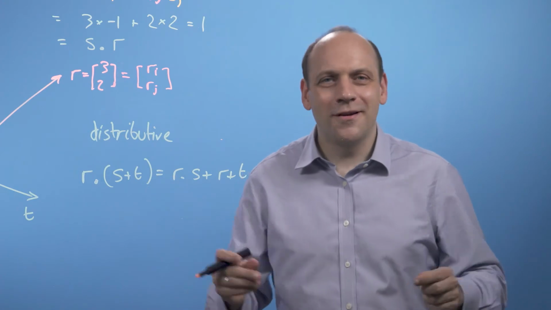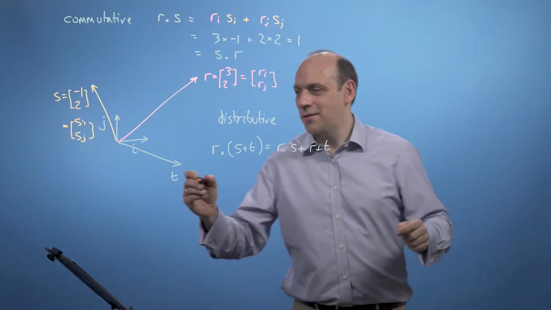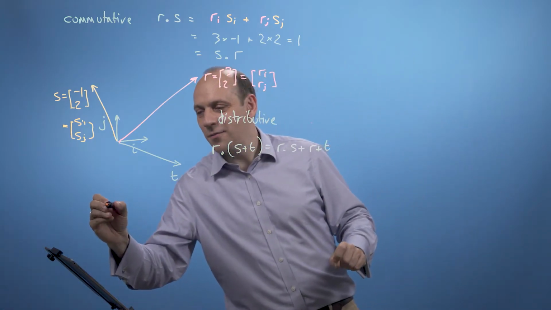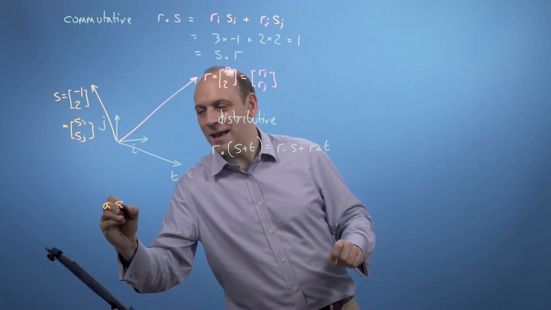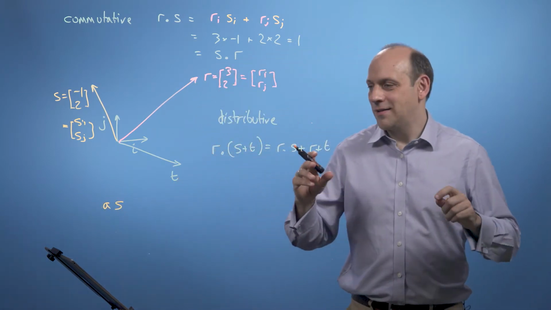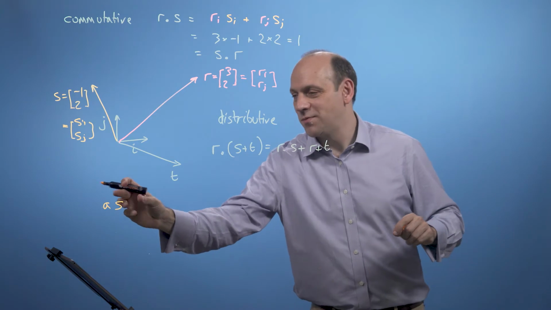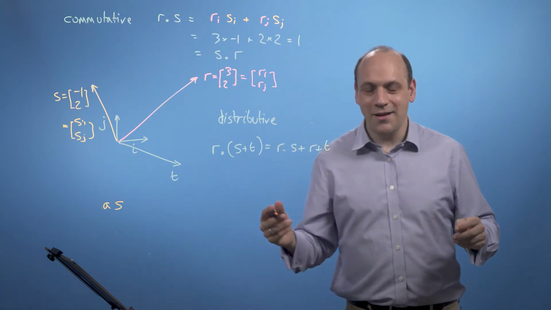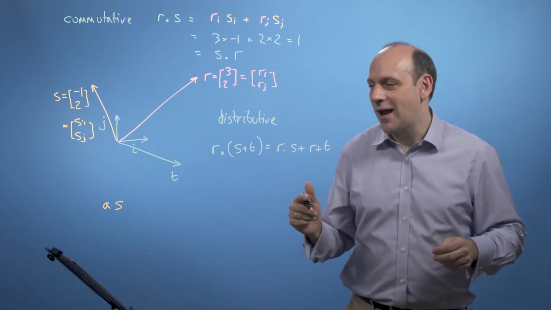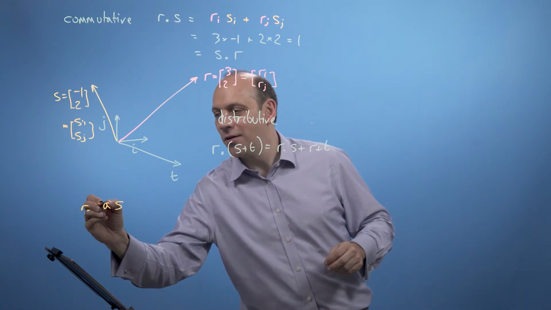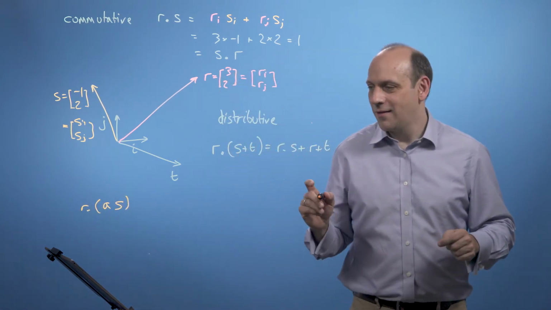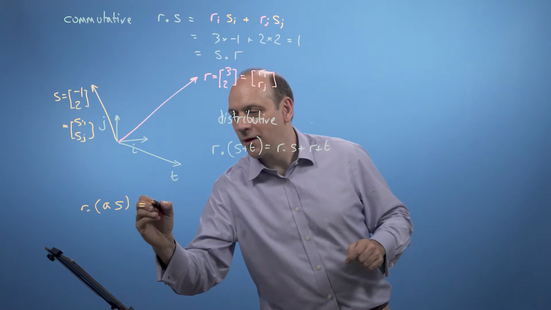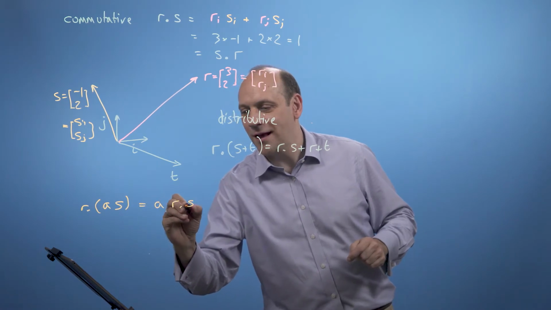So it's also kind of obvious that if we multiply a vector through by a scalar, so if we take a times s, that's our other fundamental operation, multiplying by a scalar, and then do the dot product on that, so we do r dot as, then that's going to be equal to a times r dot s.